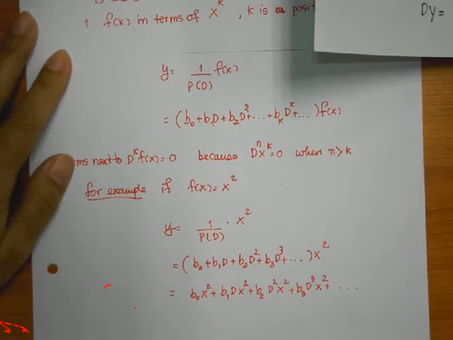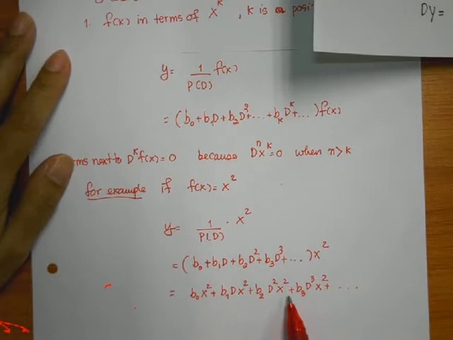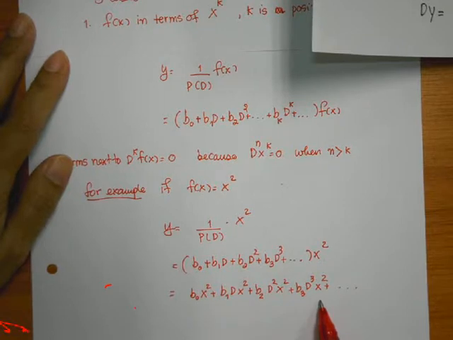the first three terms. You find the values, but the terms after the term of b2, they are all equal to 0, right? Because the third derivative of x squared is equal to 0.